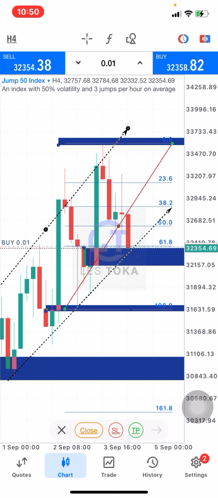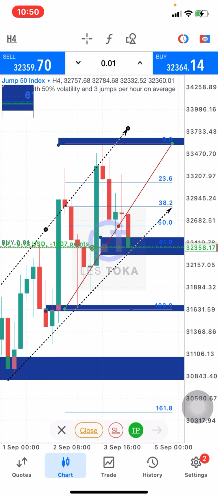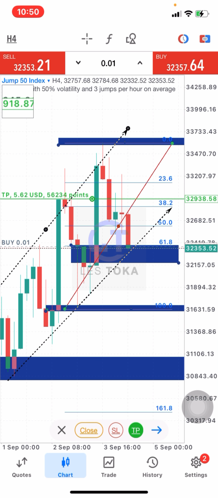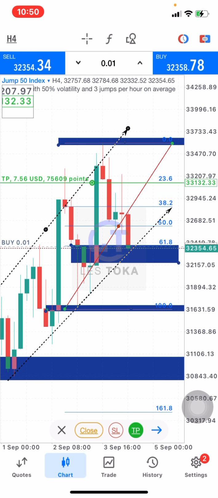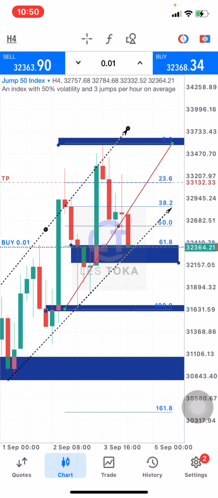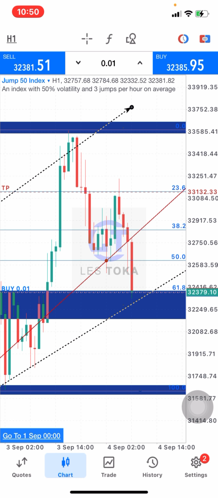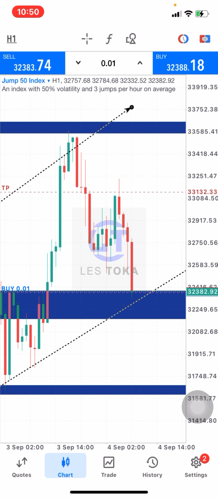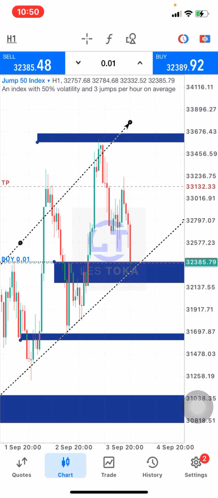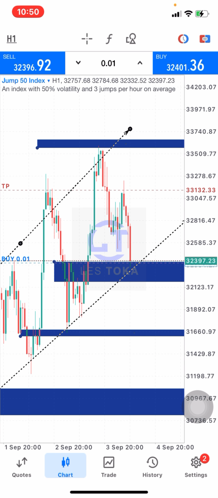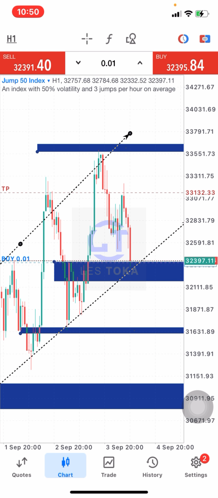In terms of TP, we can just put our TP at the level of 23. So let's just go to the H1. I'm just going to delete this Fibonacci, and now we have an idea of where the market will bounce off, moving to the upside.